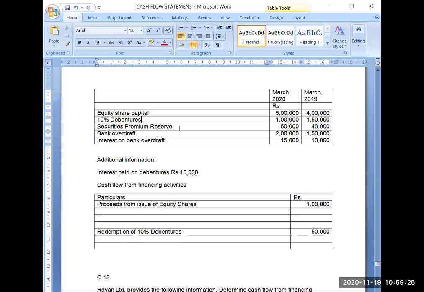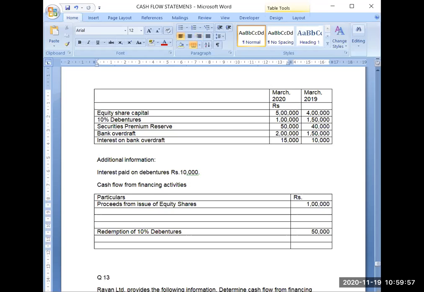Securities premium reserve is always collected on issue of shares or debentures. It was 40,000 last year, now it is 50,000, so it is also increasing. Now we have to find out whether we have issued shares or debentures. In this question, we have issued shares for rupees 1 lakh. On that, we have collected 10,000 premium also.